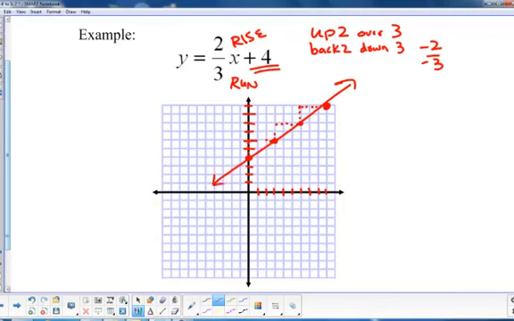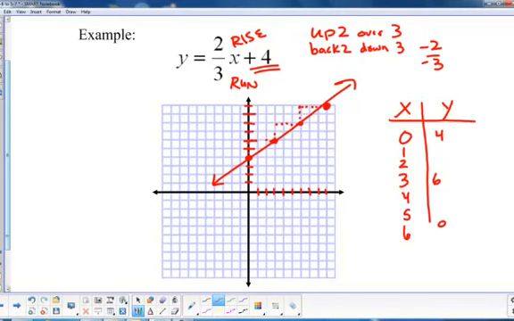You could also make a table. 2/3 is kind of a pain to make a table with. And that's why we started at 0, and then 1 and 2 are crazy decimals, so 3 would be a good number to plug in, getting 6, because every time you go up by 3 in the x, you go up by 2 in the y.